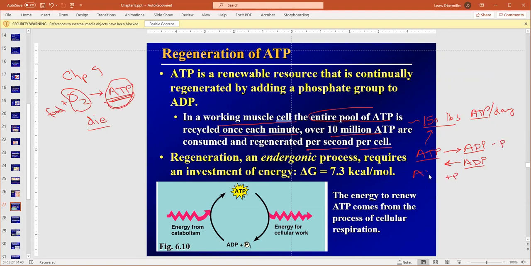And once we add the phosphate, we get ATP. So this is the key to regenerating ATP. This is endergonic, so it requires energy, and that energy comes from those high energy molecules like glucose and oxygen.